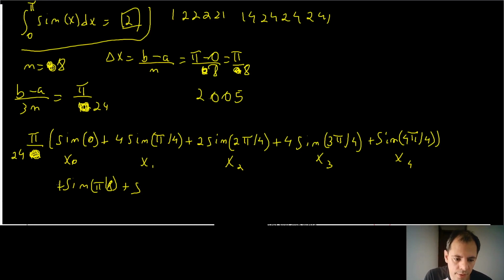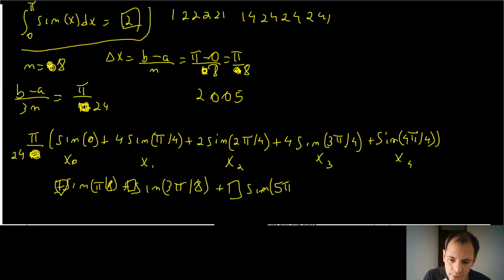So you have to put the right coefficient here, sine of 3 pi divided by 8 plus the right coefficient here, sine of 5 pi divided by 8 plus the right coefficient here, sine of 7 pi divided by 8. So when you add all these things and you multiply by pi divided by 24, it gets even closer.